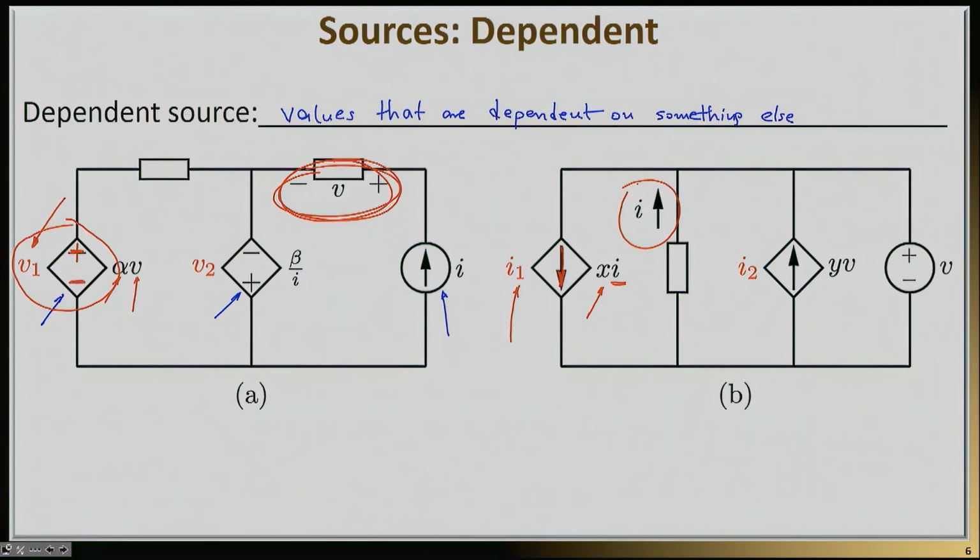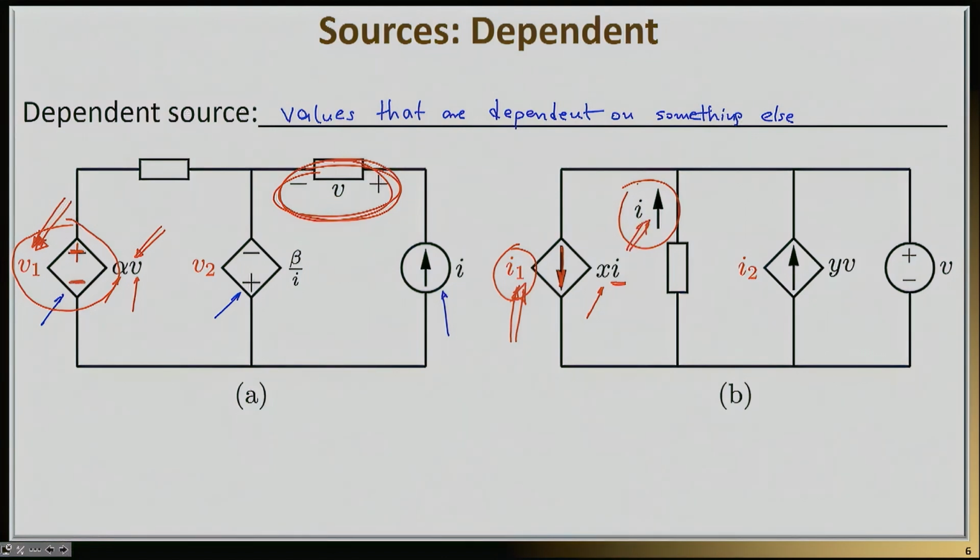Similarly, you might say, well, I don't want my signal to be generating a voltage. I want my signal to be generating a current, in which case you might be choosing to make a dependent current source. Now, in the examples I've shown you so far, I've actually focused on having a voltage V1 here depend on another voltage V, or a current I1 depend on another current I. It doesn't have to be that way.